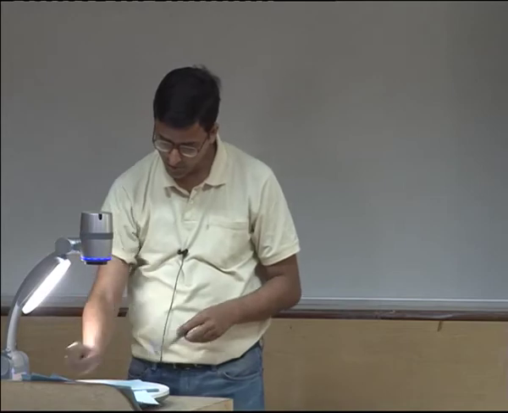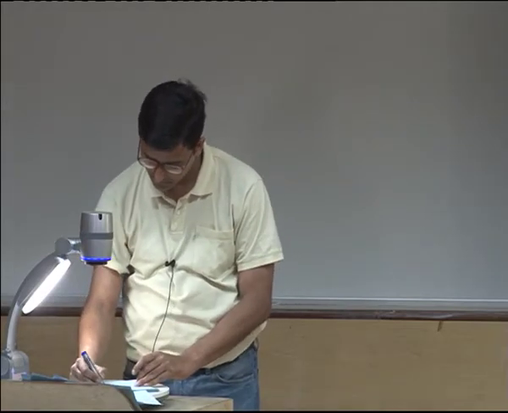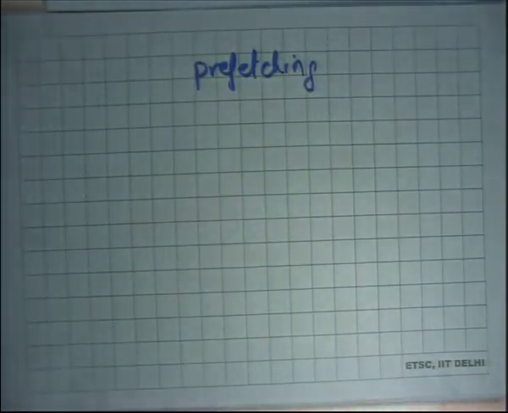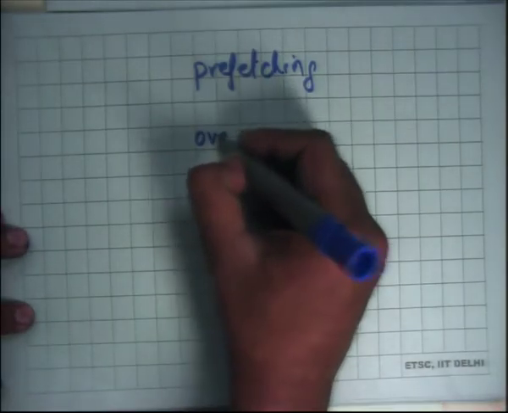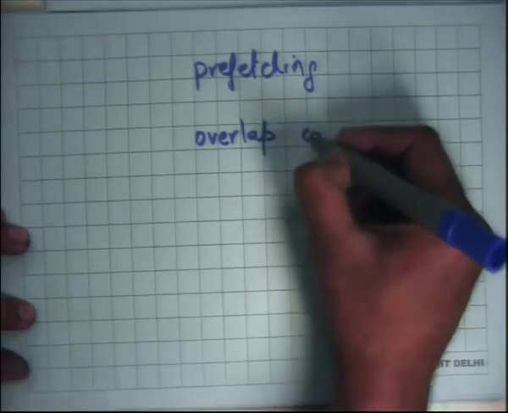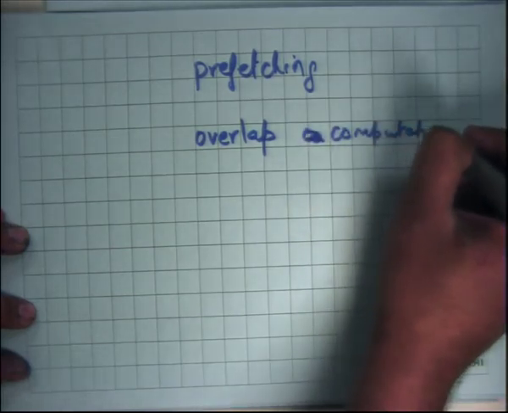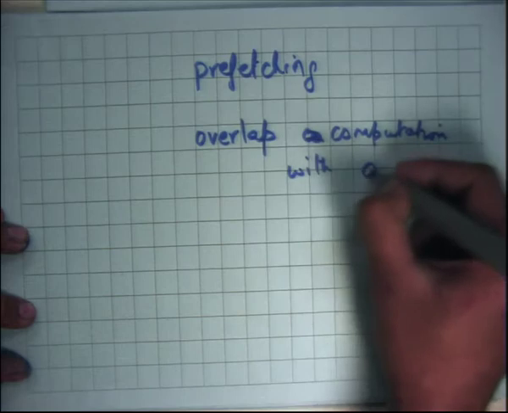The other thing you can do is prefetching, of course. So you read some data, you have some algorithm which basically figures out that there's a lot of spatial locality, so you prefetch data. Of course, there's a trade-off about how much to prefetch and how much you cannot prefetch, and overlap computation with disk access.